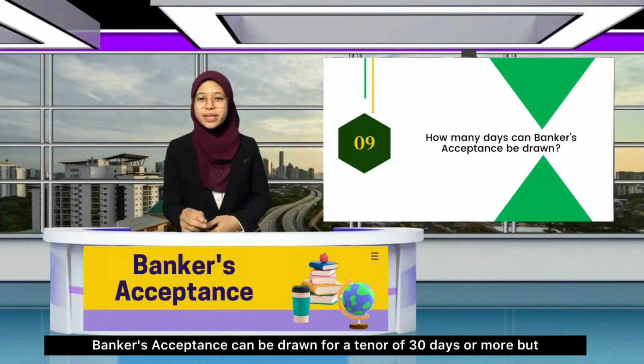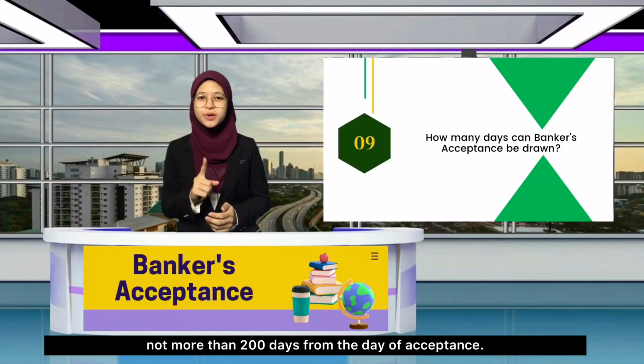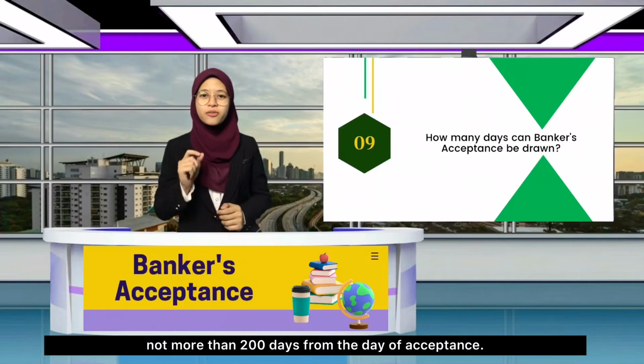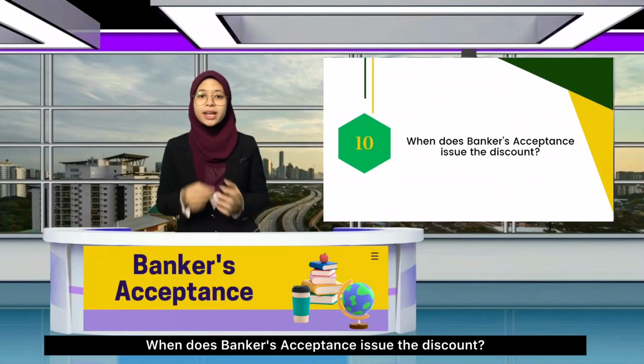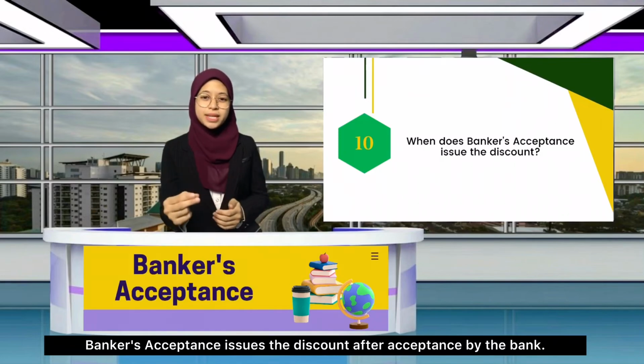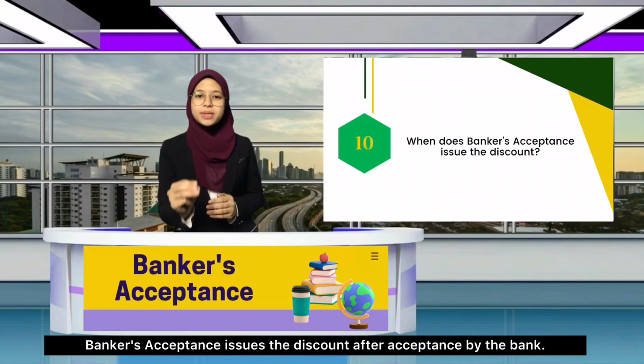Bankers' acceptance can be drawn for a tenure of 30 days or more, but not more than 200 days from the day of acceptance. When is bankers' acceptance issued at a discount? Bankers' acceptance is issued at a discount after acceptance by the bank.